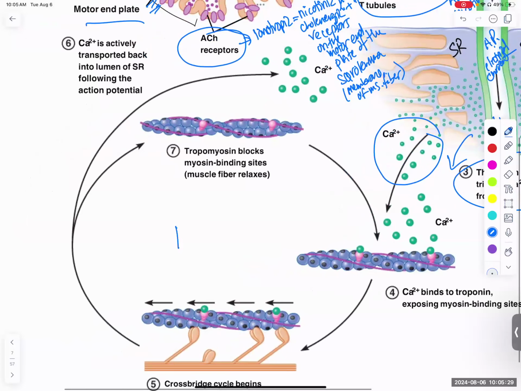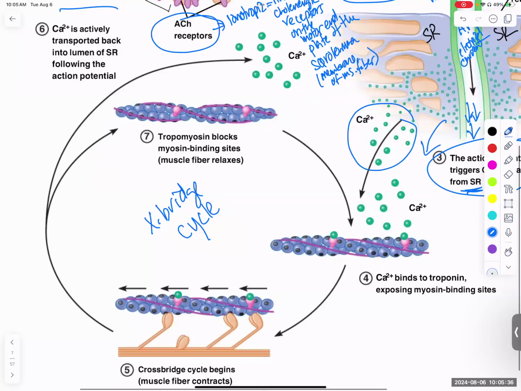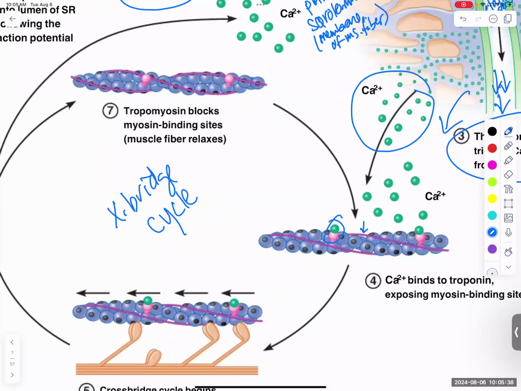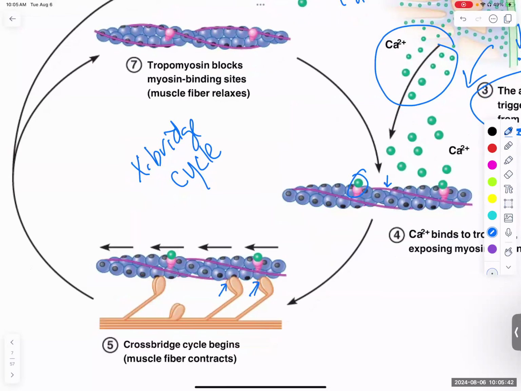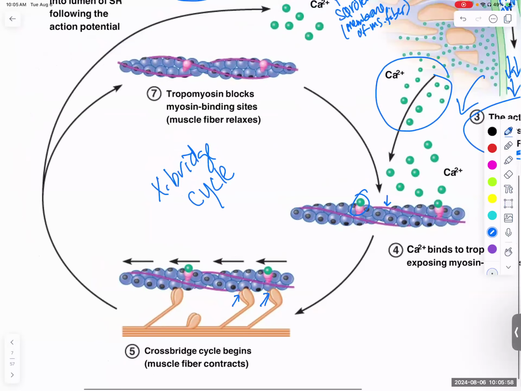So here's the cross bridge cycle. Because calcium now binds to troponin, moving tropomyosin, and now myosin heads can bind. We have multiple myosin heads on the thick filament or myosin strand, and the amount of calcium that's present and bound to troponin is going to determine how many active sites are available for myosin heads to bind.